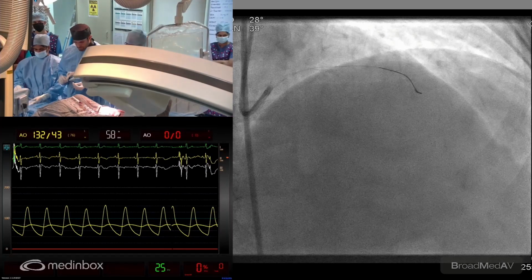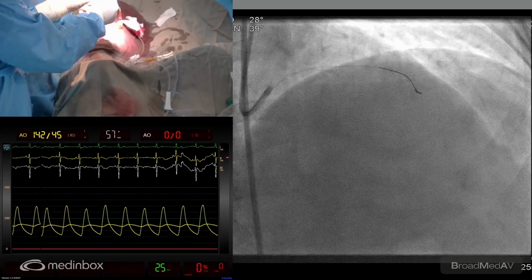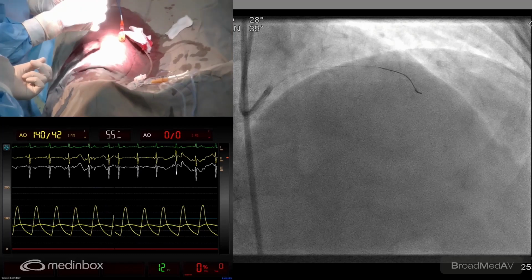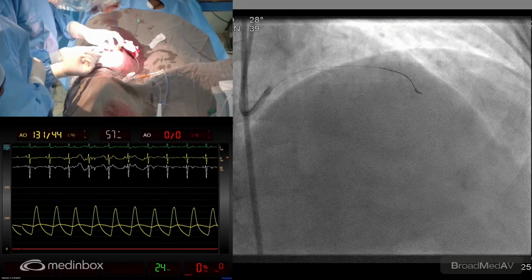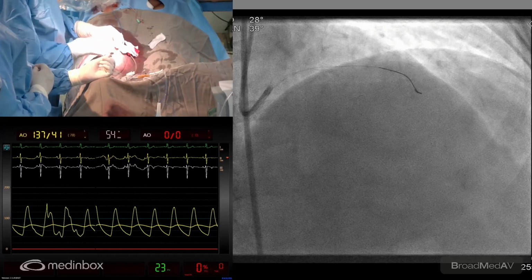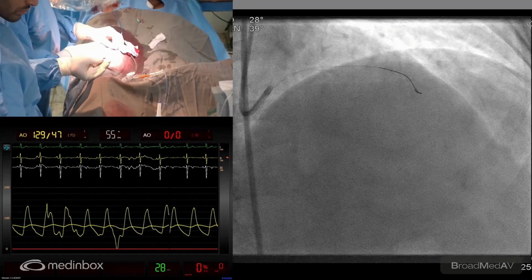We'll wire into the LAD to show the IVUS. The lesion is pretty tight, so we expect the IVUS not to cross very easily. After we pre-dilate with the 2.5 non-compliant balloon, possibly we'll get the IVUS through.